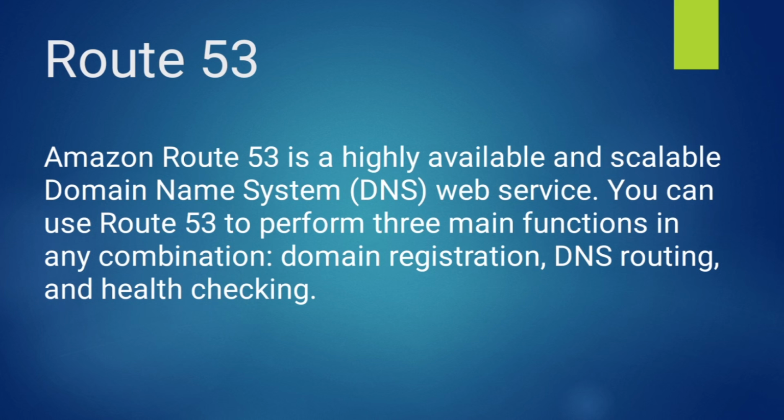In simple terms, Amazon Route 53 is a highly available and scalable domain name system web service. Mainly, it is designed for developers and corporates to route the end users to internet applications by translating the human readable names into numeric IP addresses.